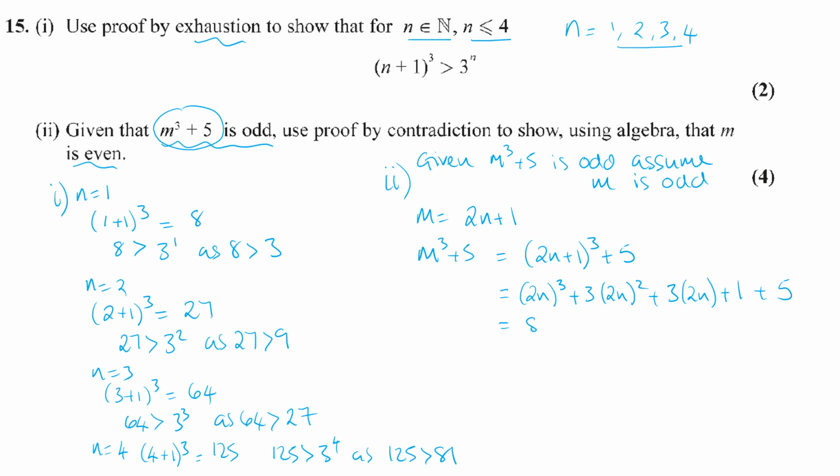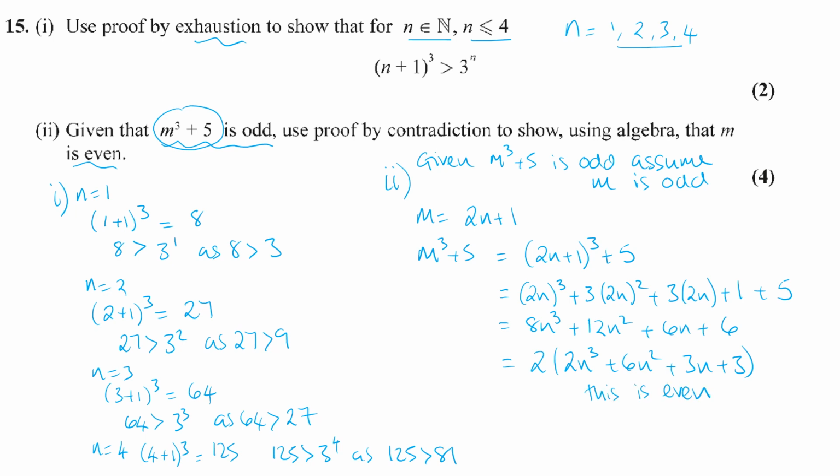So this is going to be 8n cubed plus 2 squared is 4 times 3, 12n squared plus 6n, and then plus 6. Now this is going to be even because we can take a 2 out, so then this will be 2 times 4n cubed plus 6n squared plus 3n plus 3.